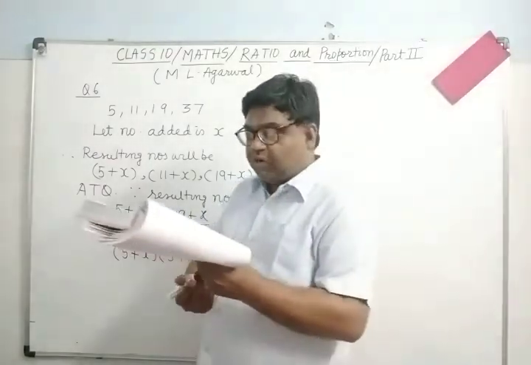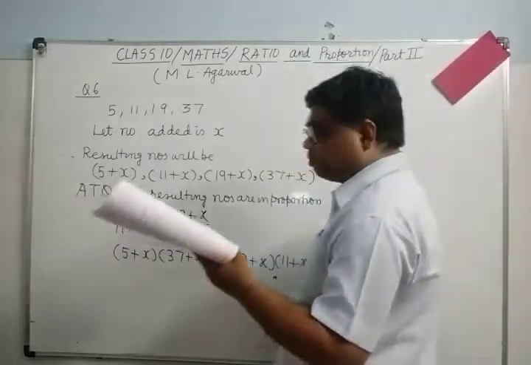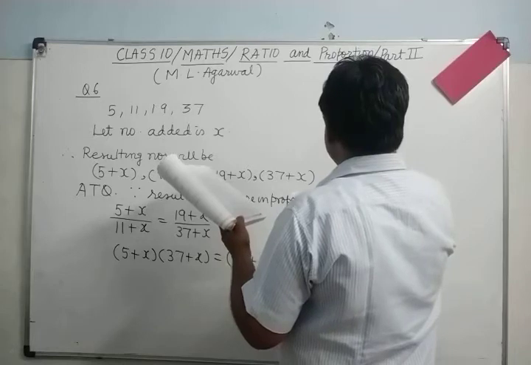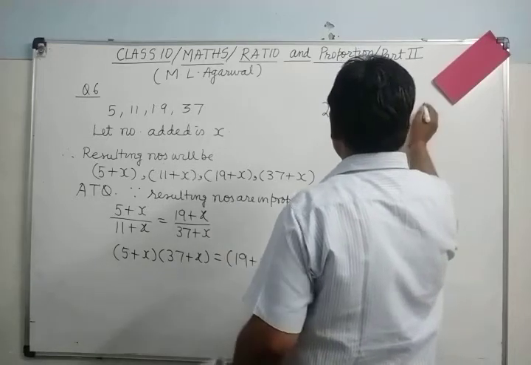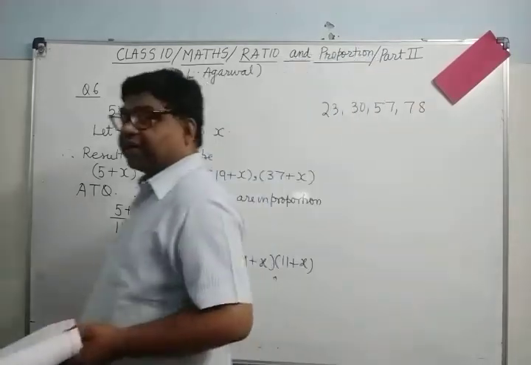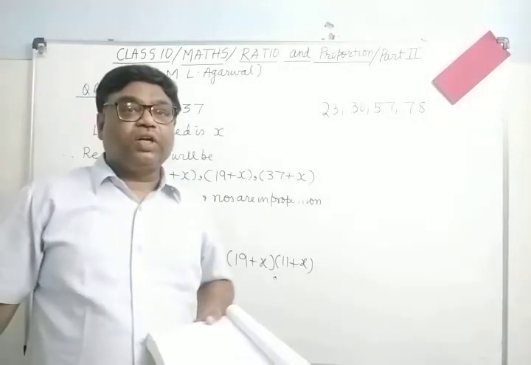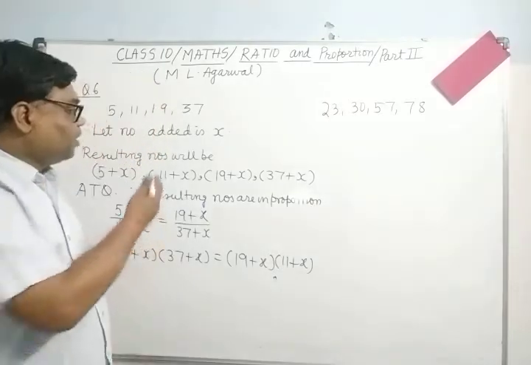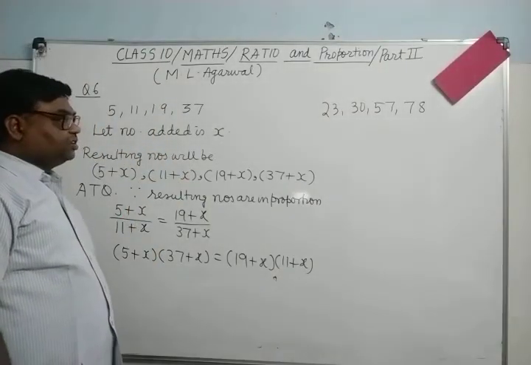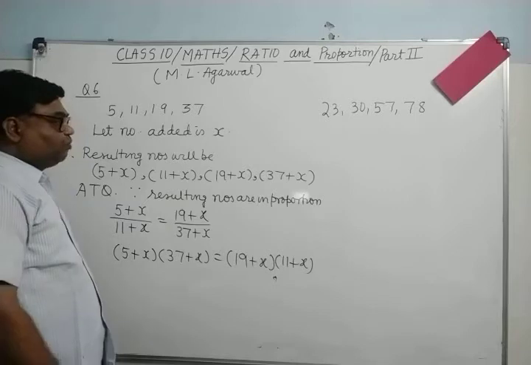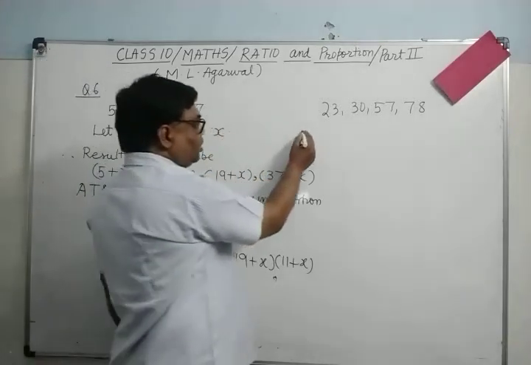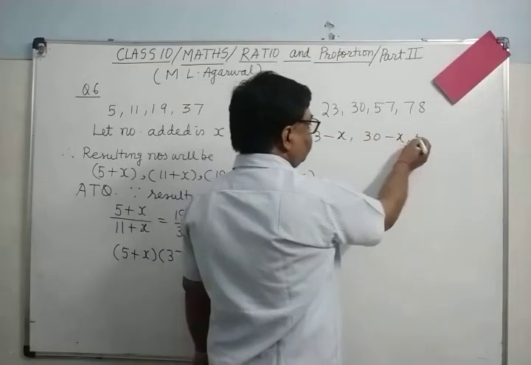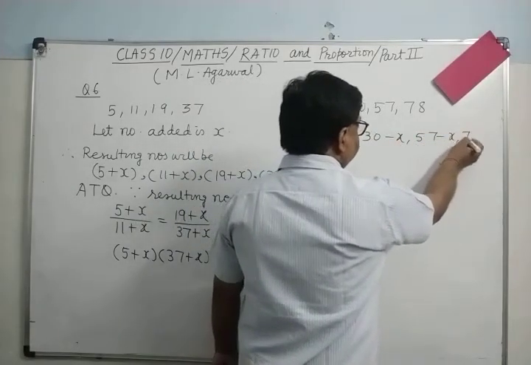Then there was a similar question: what number must be subtracted from each of 23, 30, 57 and 78 so that the resulting numbers are in proportion? Assume the number subtracted is x. The resulting numbers will be 23 minus x, 30 minus x, 57 minus x and 78 minus x.